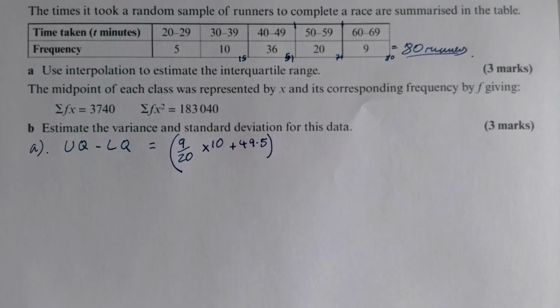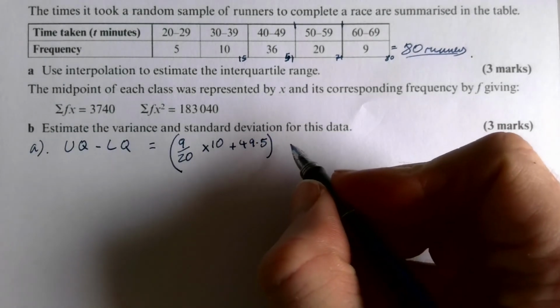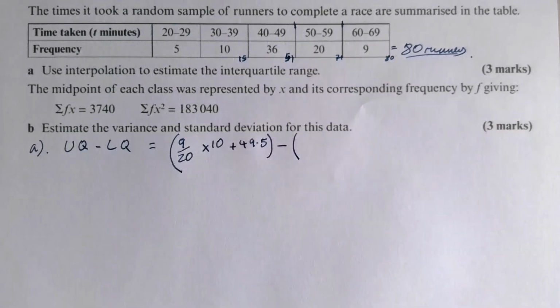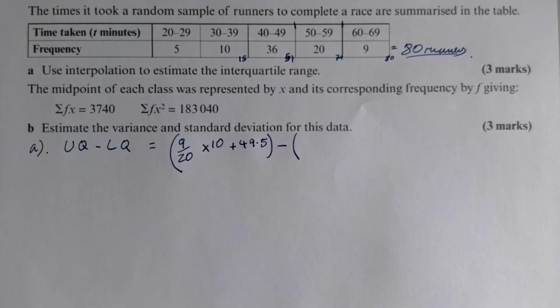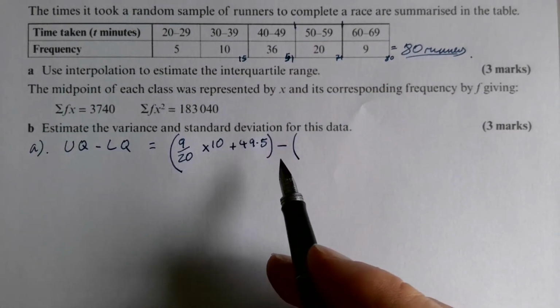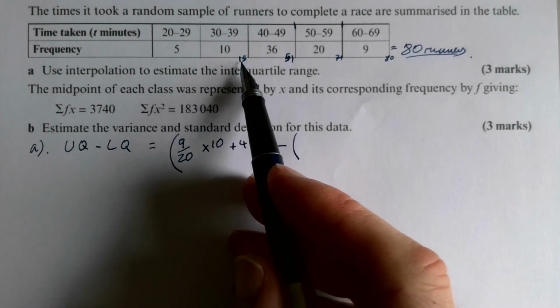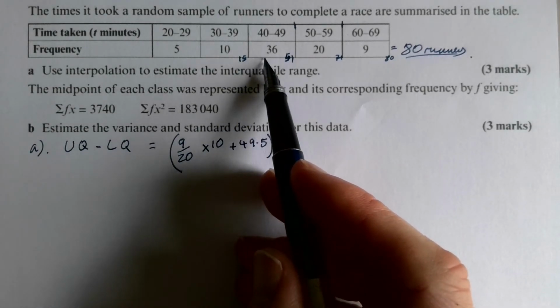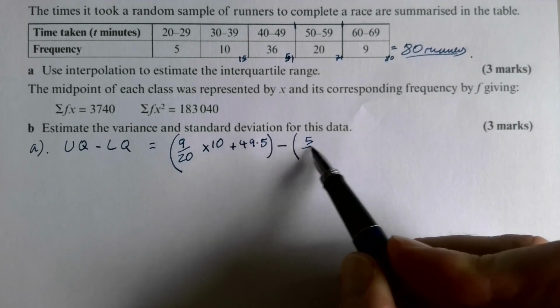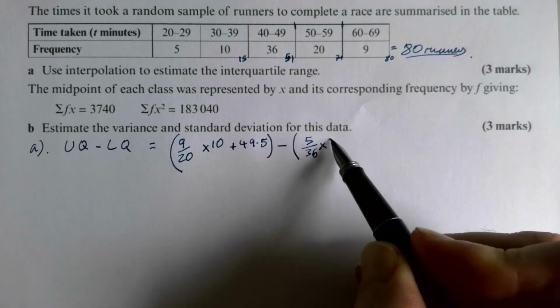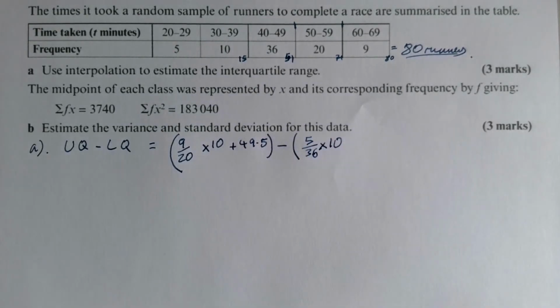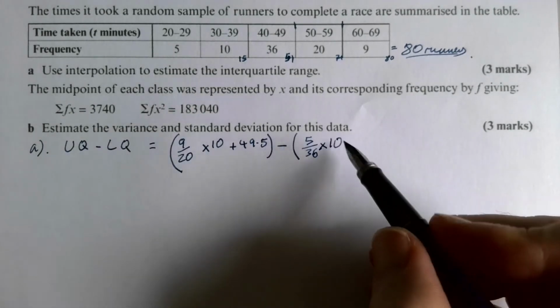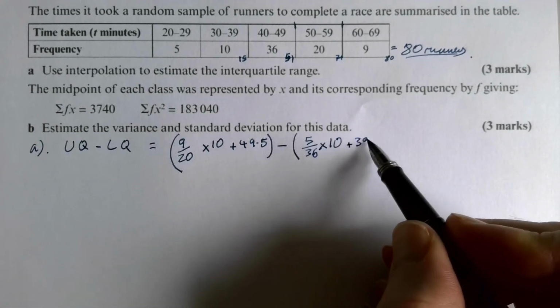And then we are going to be taking away the lower quartile. Well, the lower quartile is the 20th value. So the 20th value is going to be 5 inside this group. So 5 out of 36 times the group width of 10. This time the smallest it could be would be 39.5.